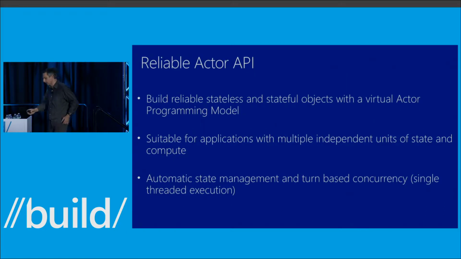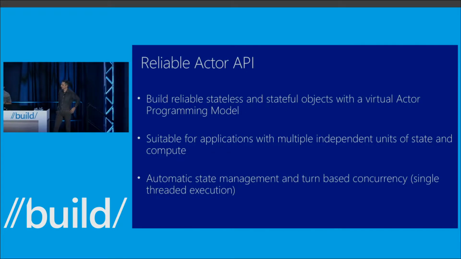Yeah. So, hi, everyone. The Reliable Actor API basically allows you to harness the full power of Service Fabric by using a very simple programming model. It's a virtual actor-based programming model. It's suitable for IoT or games where you can actually divide your state as well as logic into very small independent units, and they can all run in parallel.